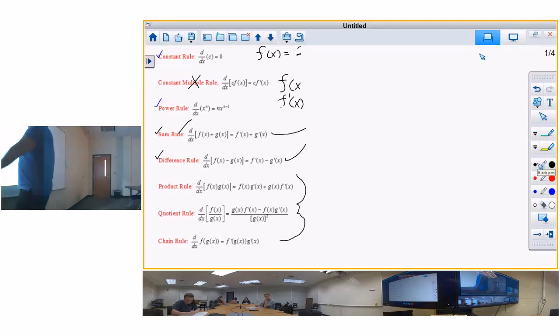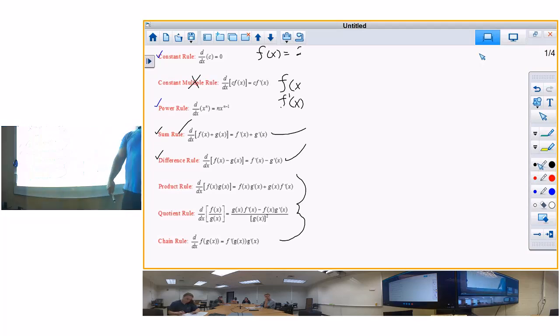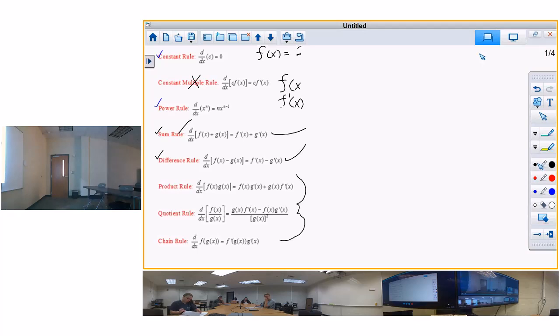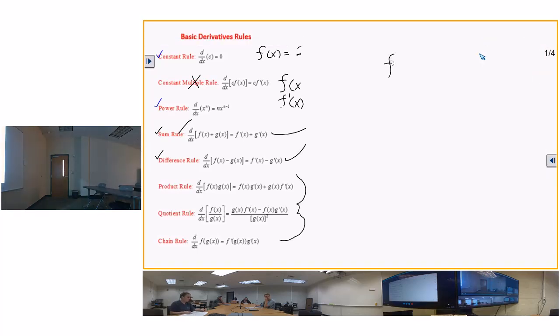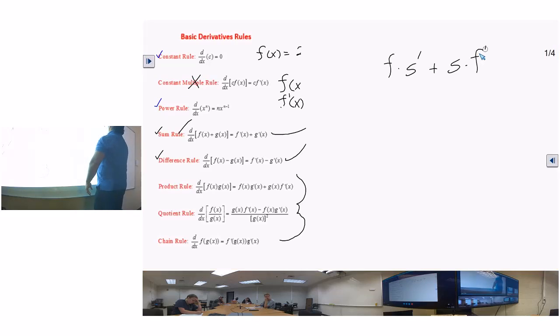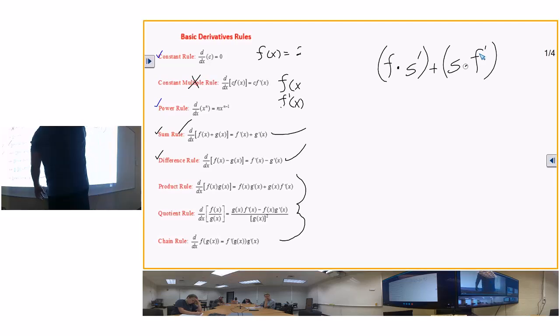First, this is the product rule. The product rule says that if you're multiplying two terms, then you have to use the product rule. And the product rule says, first times the derivative of the second plus the second times the derivative of the first. And that's your product rule.